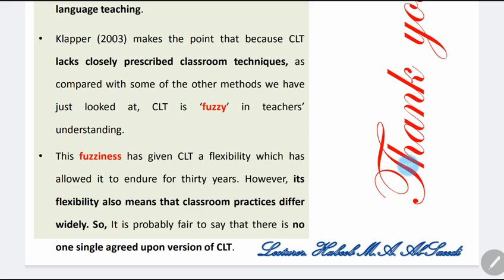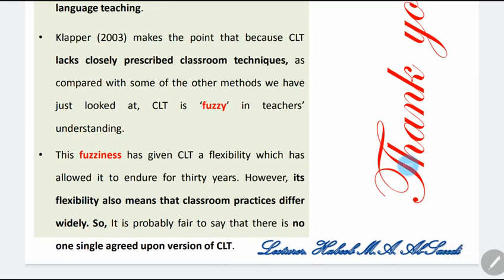This fuzziness has given CLT flexibility, which has allowed it to endure for 30 years, and its flexibility also means that classroom practices differ widely. That means teachers can have different ideas, methods, and techniques to create situations and activities that help students learn the target language.